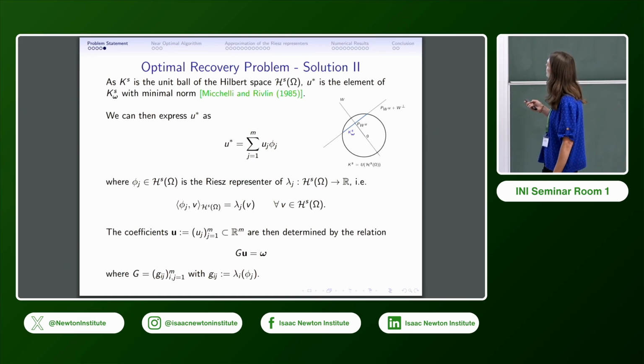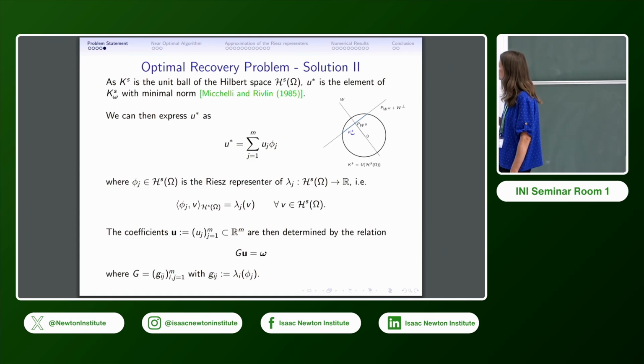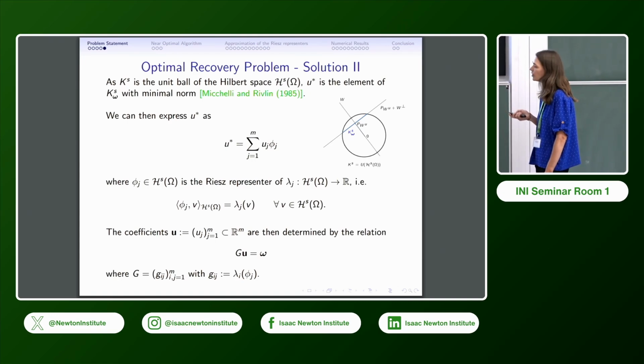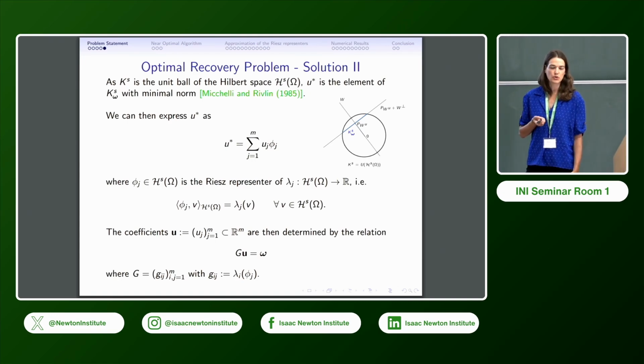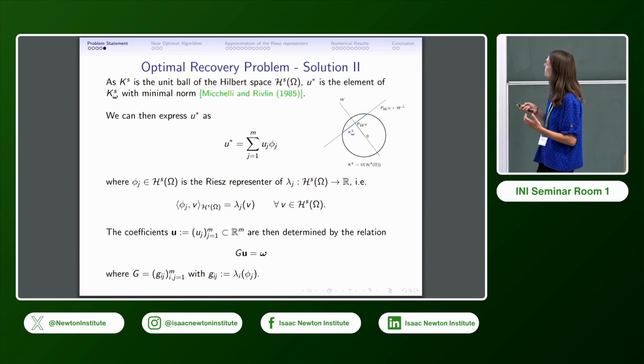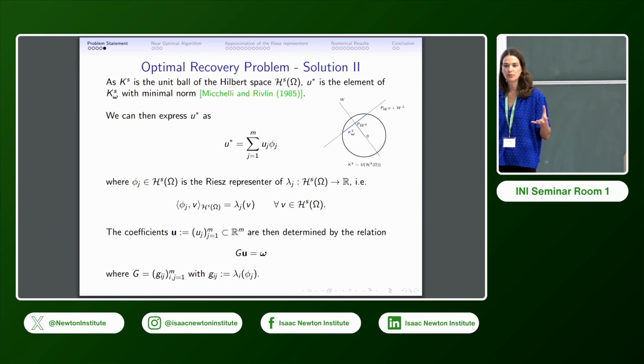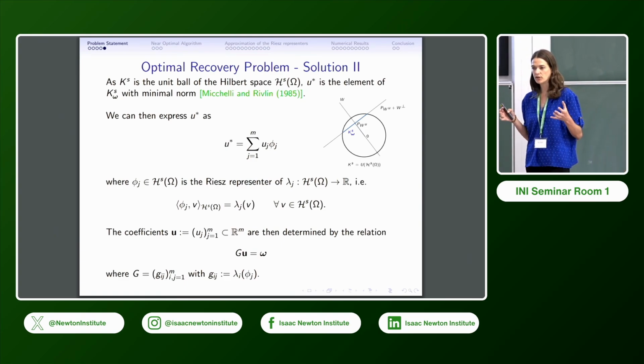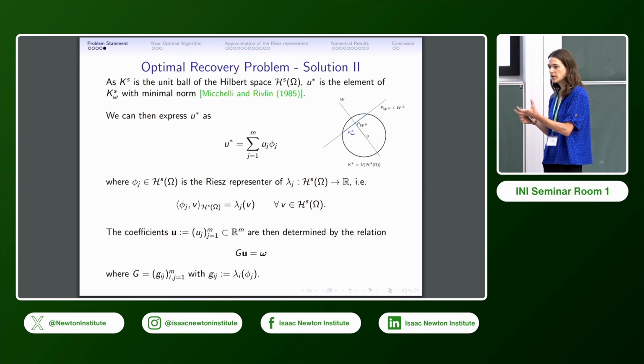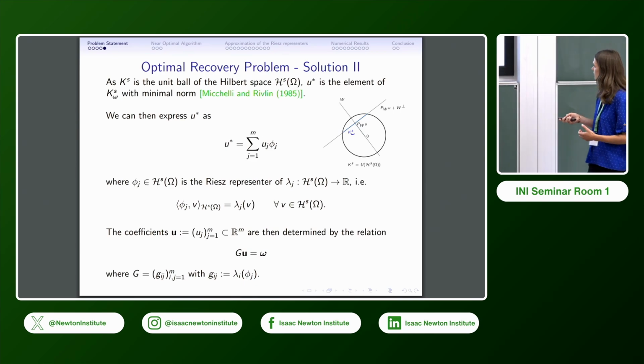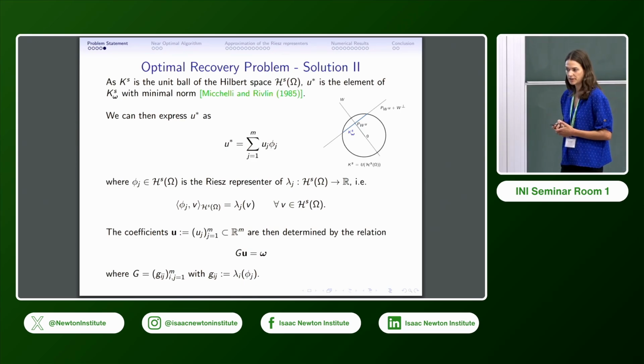There is a little picture here that illustrates what is happening. Knowing the observation vector W is the same thing as knowing the projection of my function on the measurement space. The measurement space, this capital W here, is the span of my Ritz representers. So if I know the projection on W, it's equivalent to knowing the observation vector here.